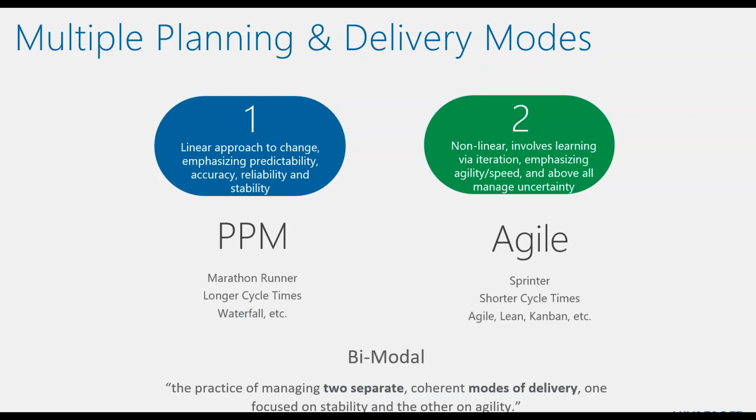Mode 2 is the more agile approach, which is more nonlinear, involving iterative approaches and really focusing on agility and speed and responding to change and managing uncertainty. And the analogy there is more of a sprinter. We have shorter cycle times, oftentimes 2-week sprints, and using approaches like Agile Scrum, Lean, Kanban, et cetera.